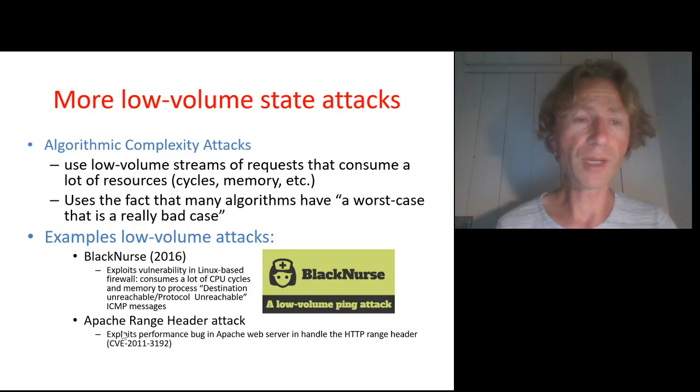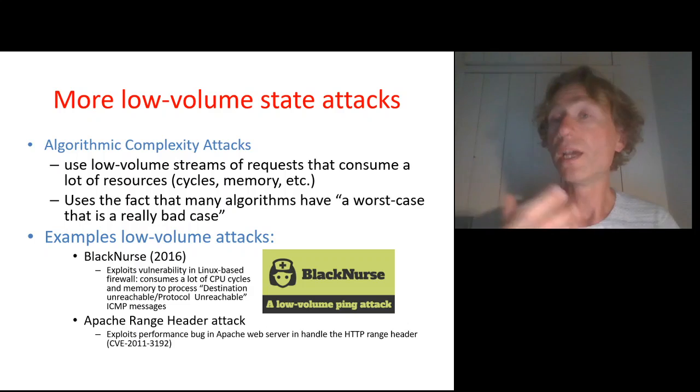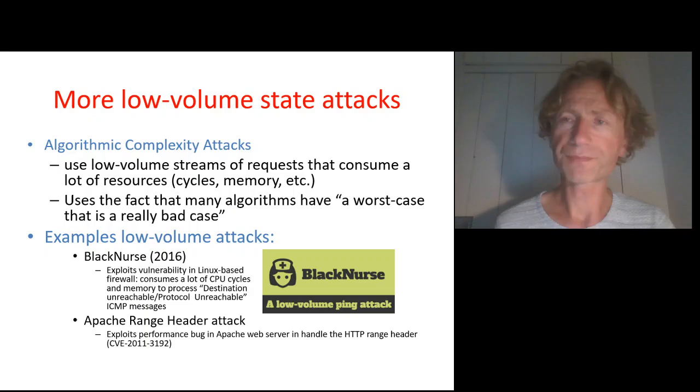Likewise, there's an Apache range header attack, which exploits a performance bug again in Apache web service that exists in handling the HTTP range header. Now, these are complexity attacks that simply take very little data and still take out a lot of resources.